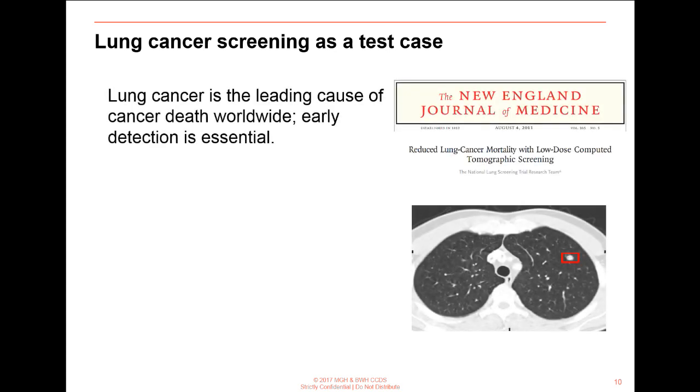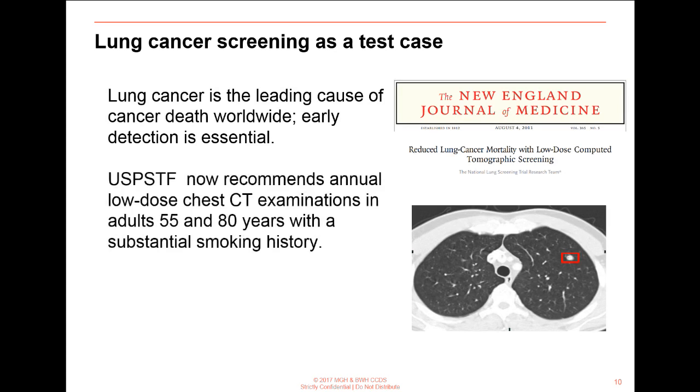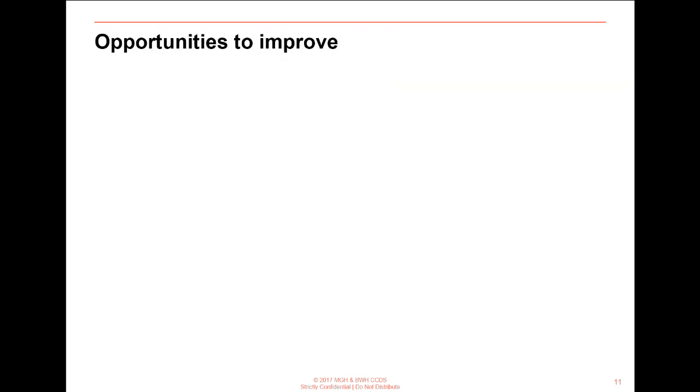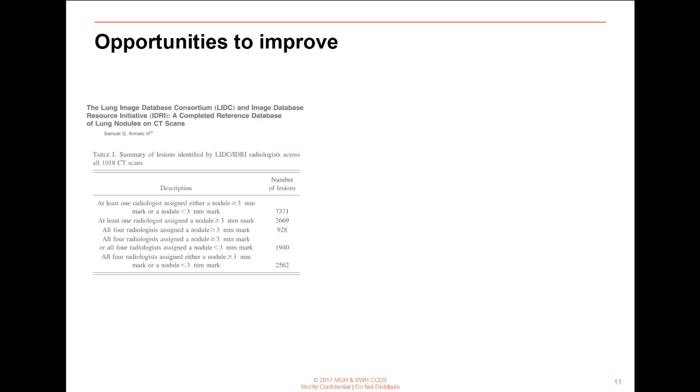So just digging in, this is not new news for anyone around here, but lung cancer is the leading cause of death worldwide, and we know about the USPSTF recommendations, and that it would add an awful lot of studies to our work lists. And we also recognize that there's an opportunity to improve here.